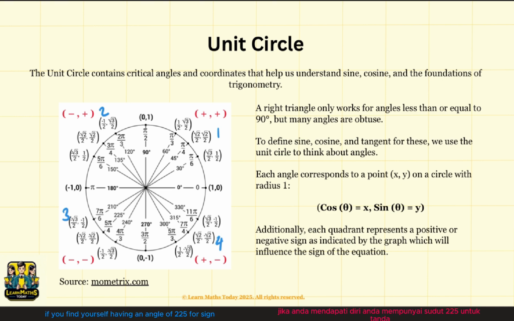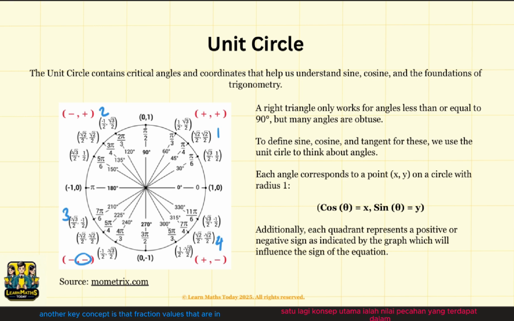Similarly, if you find yourself having an angle of 225 for sine, your answer will also be negative because, if you see here, sine is negative. And then what's different is that in quadrant 4, cosine is positive where sine is negative, and then similarly inversed, in the second quadrant, cosine is negative and sine is positive.